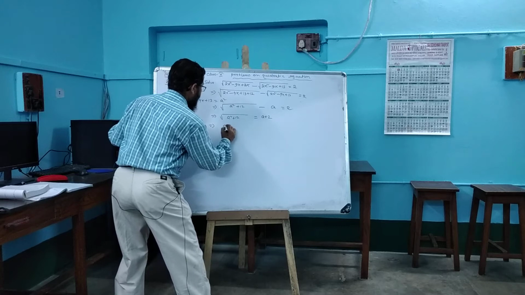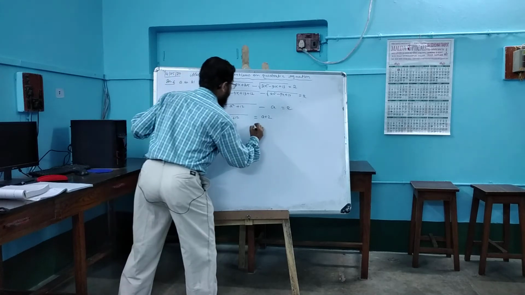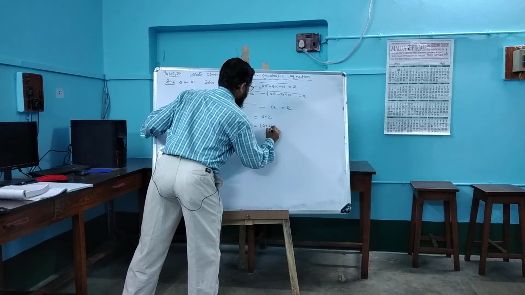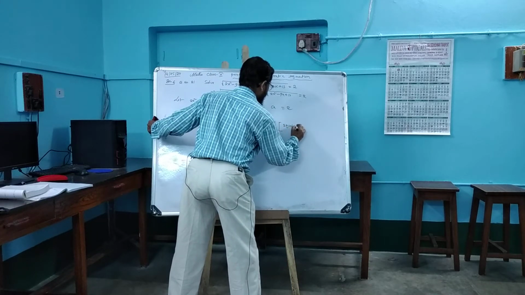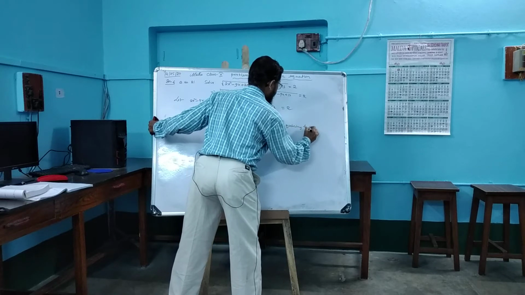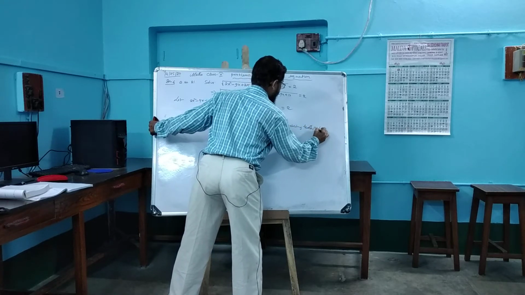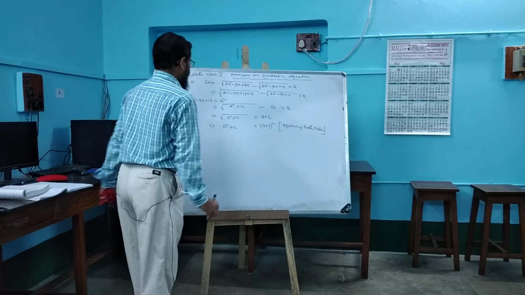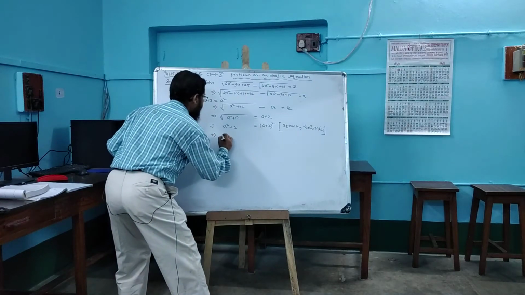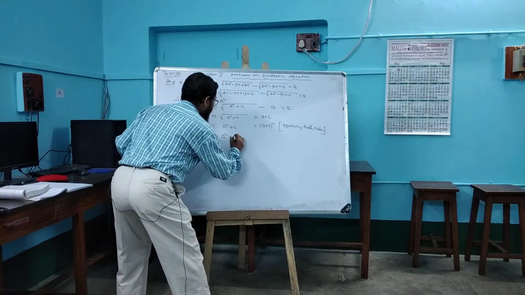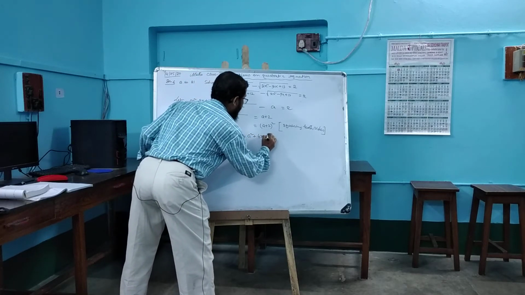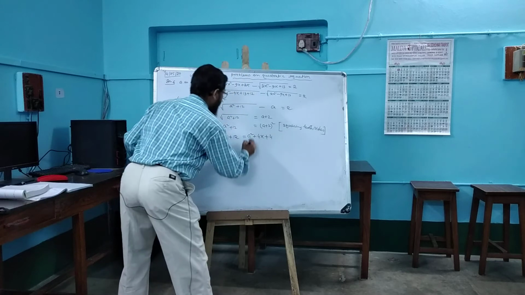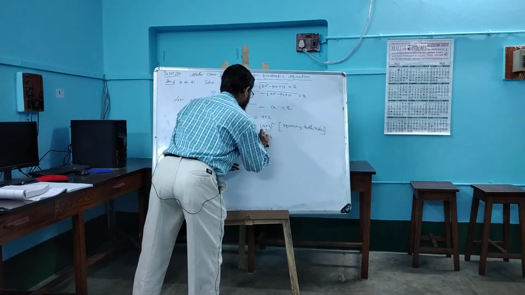Squaring both sides, a square plus 12 equal to a square plus 4a plus 4.